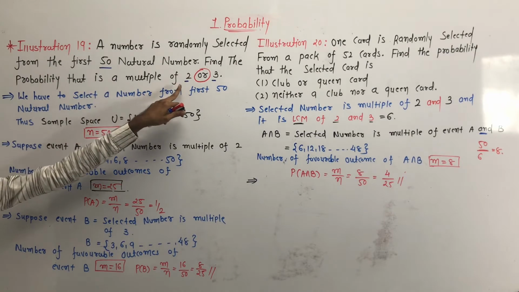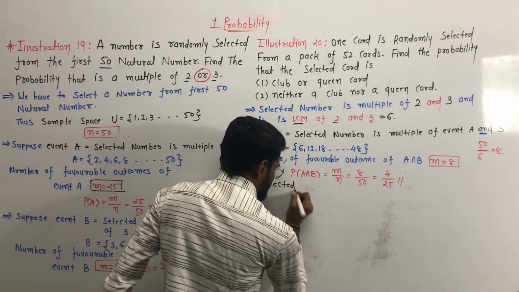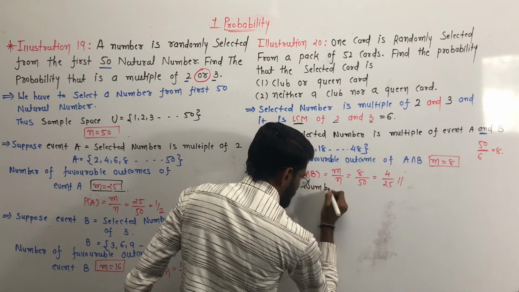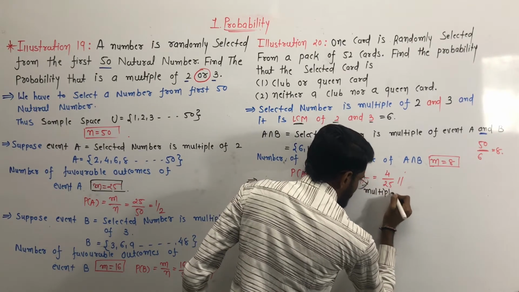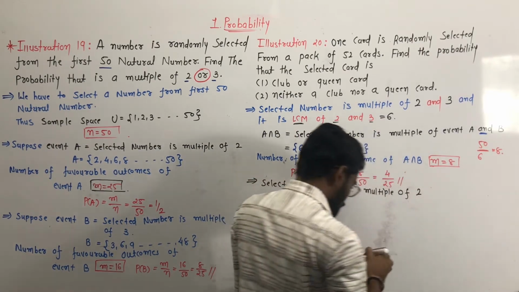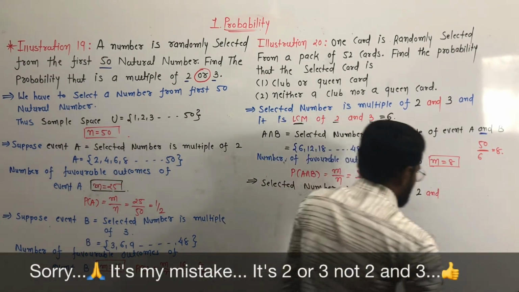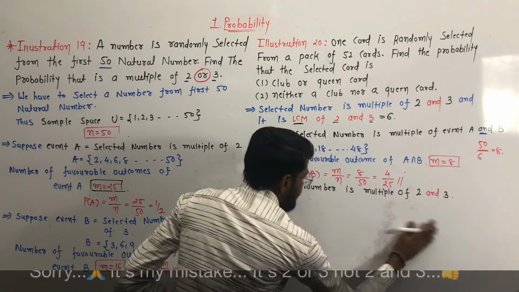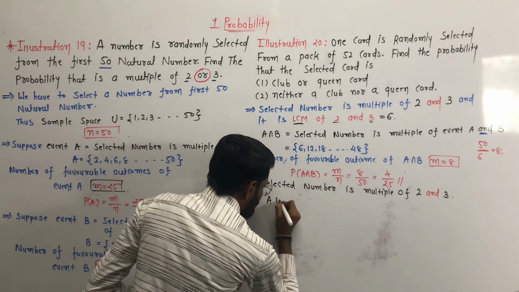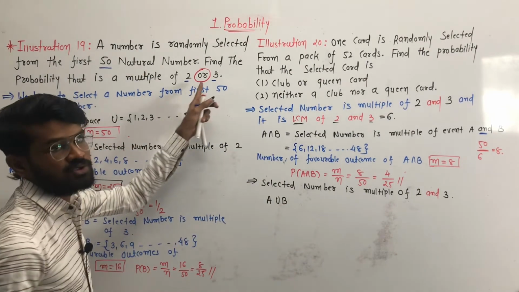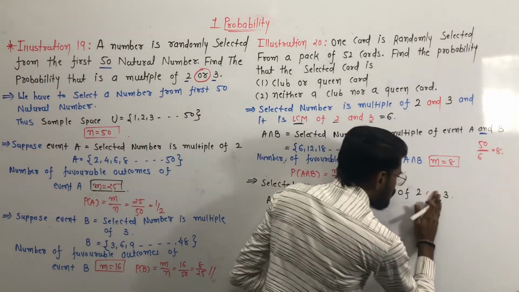Okay, now our task is that selected number is multiple of 2 or 3. Yes, selected number is multiple of 2 or 3, so it is called the A union B. Yes, for and, intersection, and for or, selected multiple number is 2 or 3.